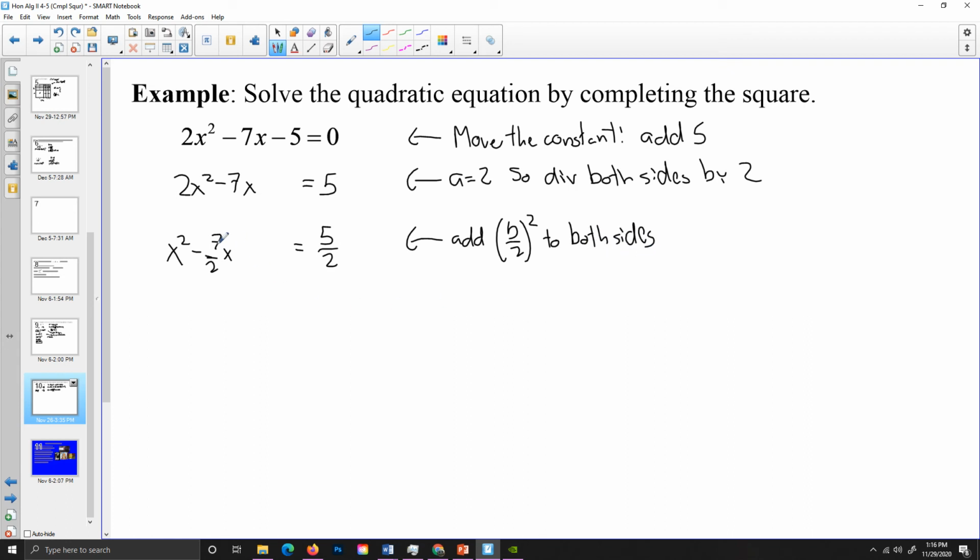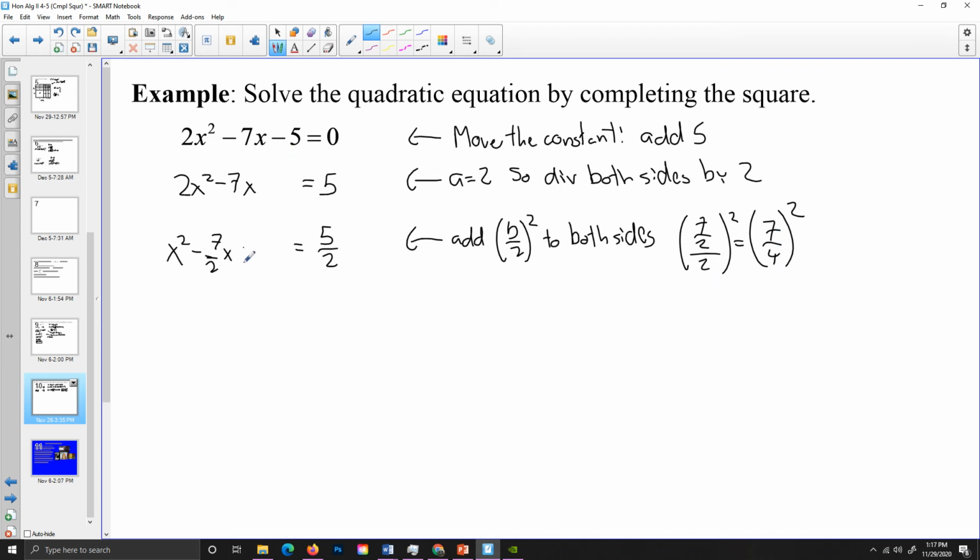All right, so I have my b is 7 over 2 already. So if I take 7 halves and I divide by 2, I'm going to end up with, and I'll write this down, 7 over 2 divided by 2 is equal to 7 over 4. When you divide 7 halves into halves, you get 7 over 4.